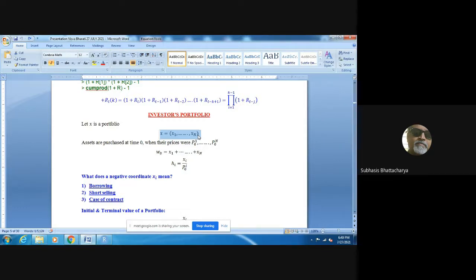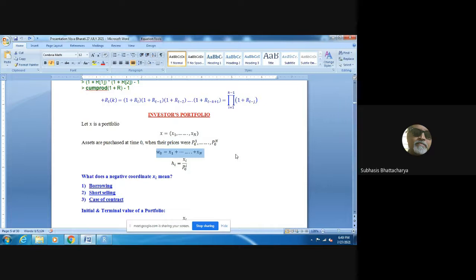Assets are purchased at time 0 with prices. That means initially when I purchase the shares, these are the prices, like P01, P02 and so on. And that purchase creates this portfolio at time 0. So what is my total wealth? Obviously, my total wealth is derived from my portfolio.